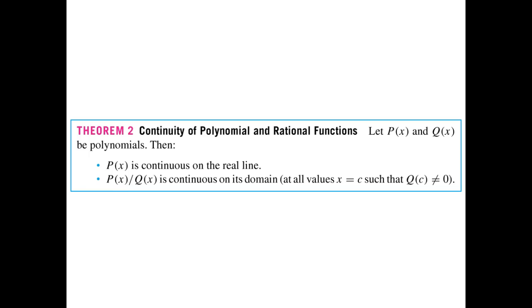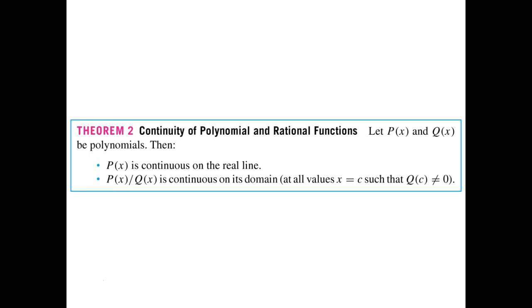I know in our pre-calculus text, not written by this author, but not even this publisher, they threw that in too, that P of x and Q of x have no common factors. If they have a common factor, then you have one of those removable discontinuities, okay? Because if you can divide out x plus 2 here and here, then x equal negative 2 will make the 0 in the denominator, but it can be replaced because you can divide those out.